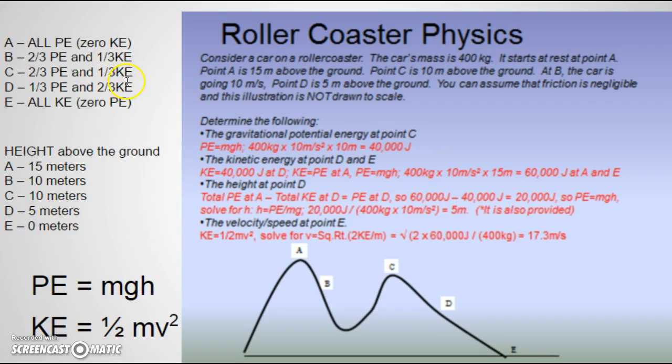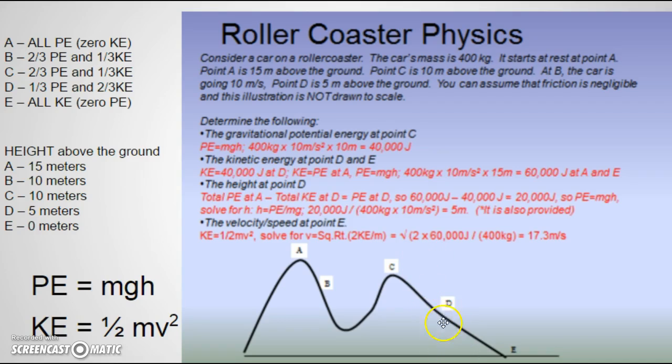So when I go back and look at this, I want to make sure we understand that at B and C, these are the same height. We'll call that 10 meters off the ground. It's still 10 meters above the ground, so it's 2/3 of the potential energy at A, and the 1/3 of the height that it's lost is now in the form of kinetic energy. So it's 2/3 PE and 1/3 KE. And at location D, it's 2/3 KE and 1/3 PE.